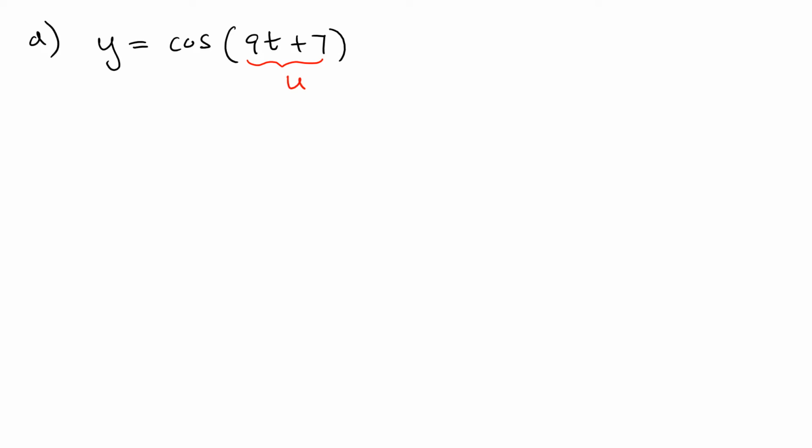Then you can see this simply becomes cosine u. Now the two functions are y equal cosine u, and u is simply 9t plus 7.